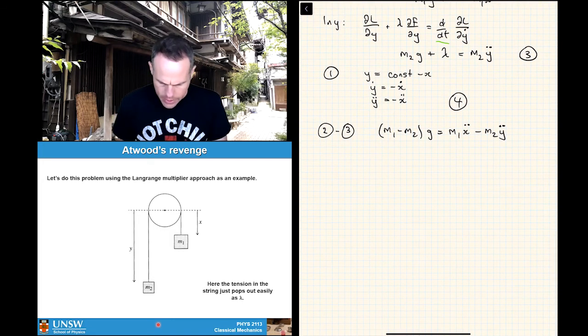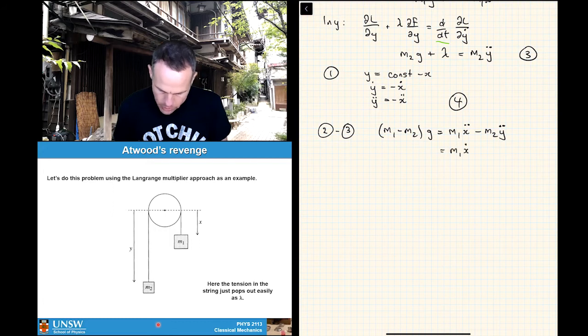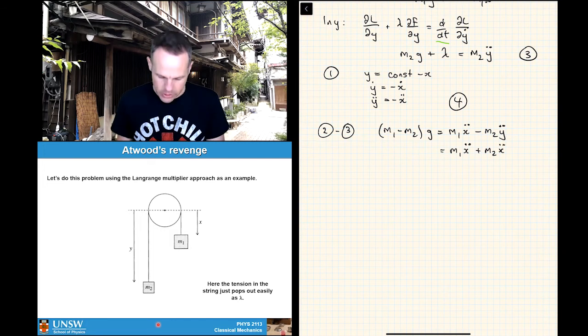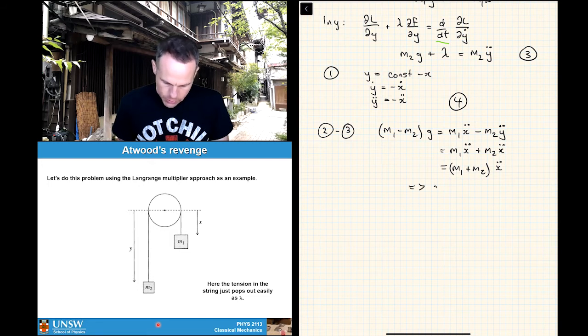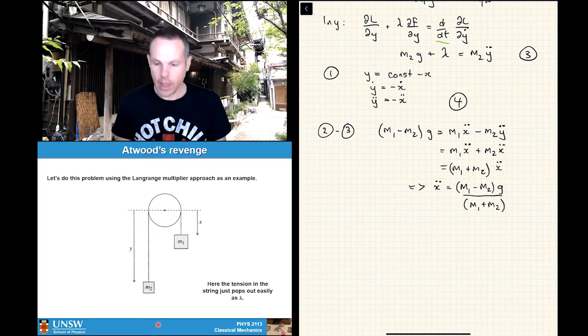And then, of course, I know that y double dot is equal to minus x double dot. So this is going to be m1 x double dot plus m2 x double dot. In a sense, I'm using the constraint equation here. And this is going to be (m1 plus m2) x double dot. And then I can solve this for x double dot. So x double dot is (m1 minus m2)g on (m1 plus m2). And that's exactly the same solution that I had last time, right?